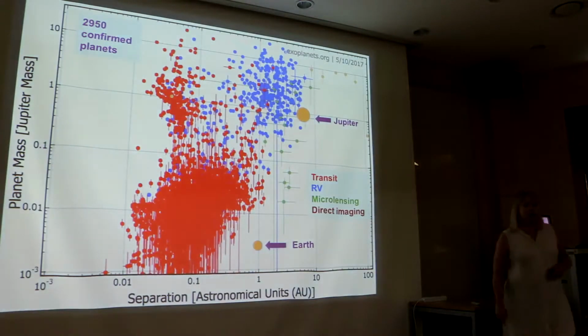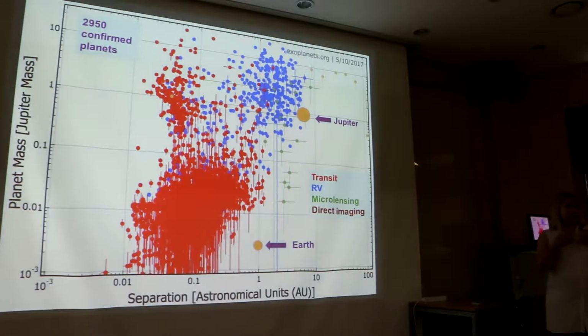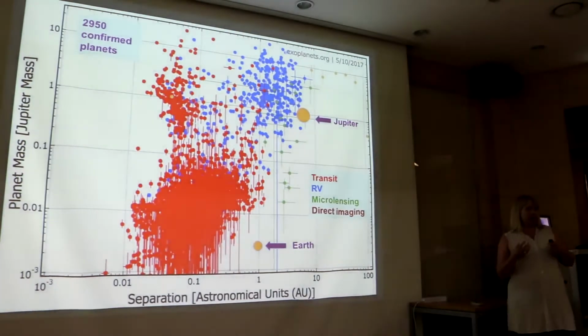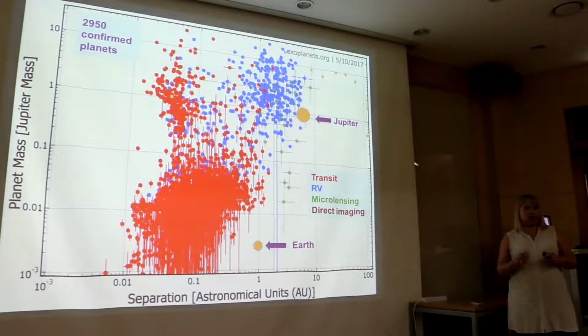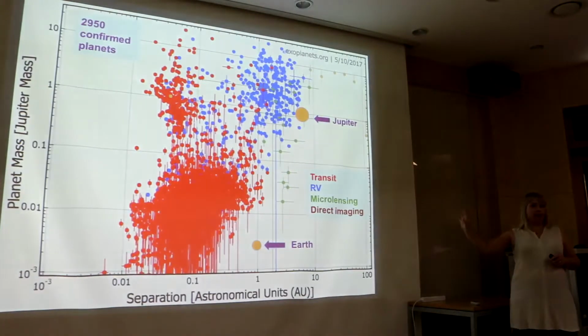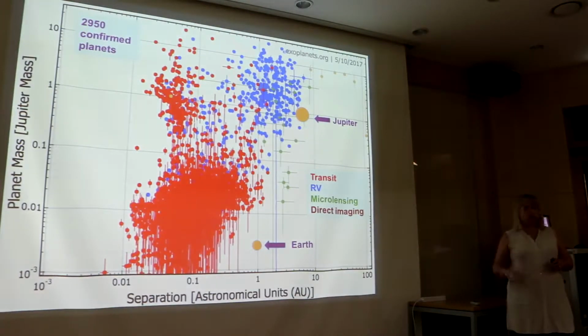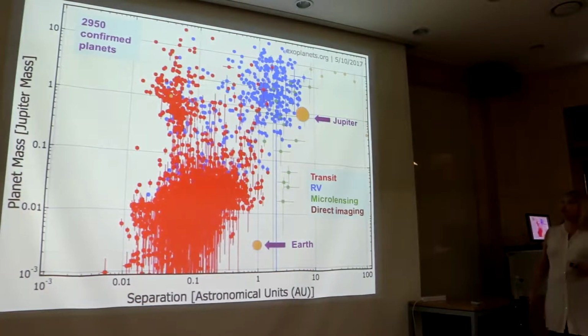Today, this is where we are. When I started graduate school, there were no planets, 0, other than our own solar system. And now today, 20 years later, we have almost 3,000 confirmed planets, and many more that we may be confirming very soon. This plot shows you the planet mass.